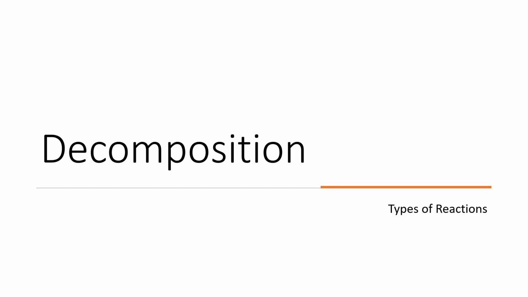The second type of reaction is decomposition reaction. A decomposition reaction, as the word indicates, is the opposite of the synthesis reaction. In synthesis reaction, we put together elements to form a new substance. Decomposition is the opposite.